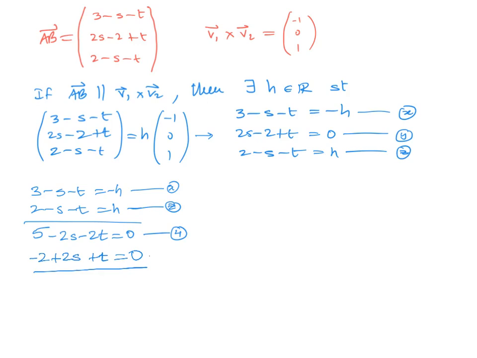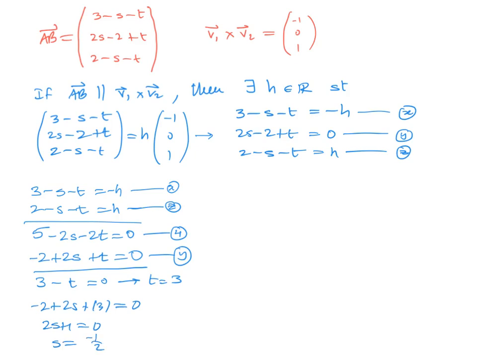That was equation Y. So that allows me to get 3 minus T equals 0, which of course means that T equals 3. And I can plug that T equals 3 back in, let's say, over here might be okay. So I get negative 2 plus 2S plus 3 equals 0. That means that 2S plus 1 equals 0. So S equals negative 1/2.